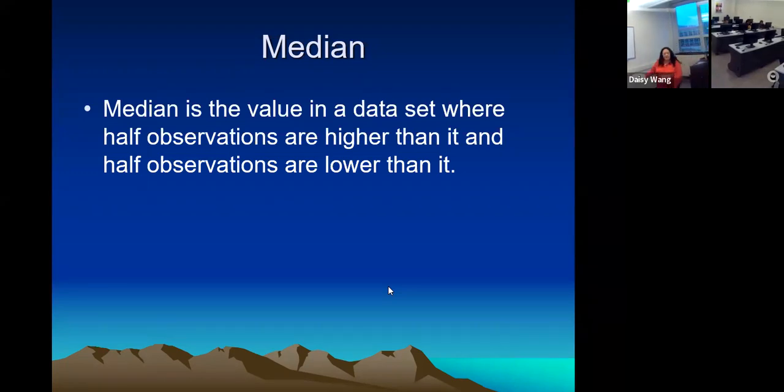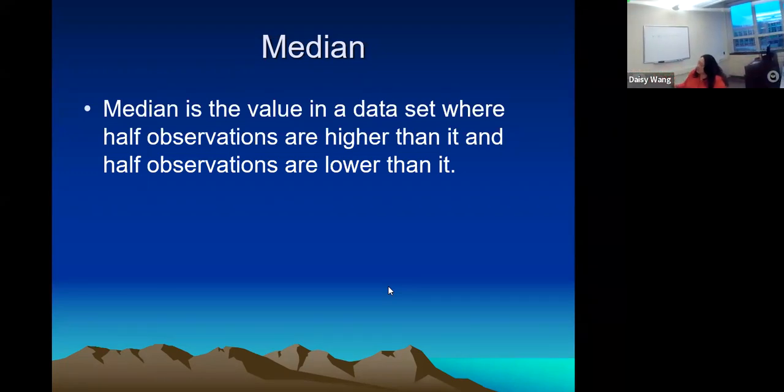So, median. When we have outliers, sometimes we can look at the median. The median is the observation right in the middle.